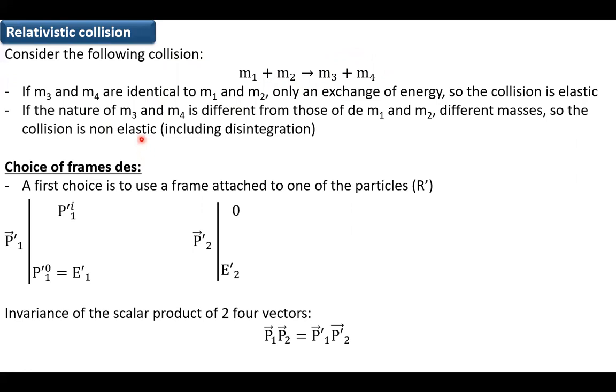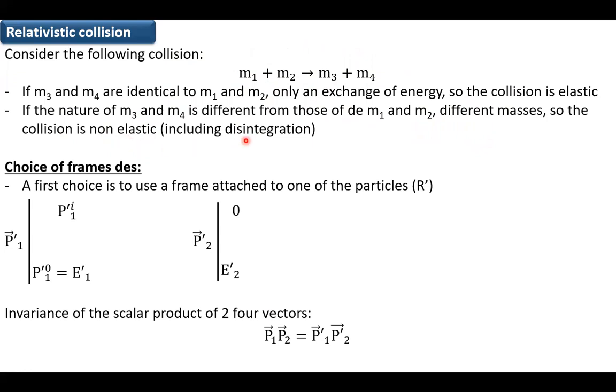Another case: if you have M3 and M4 that are different from M1 and M2, so different masses, different particles, here you go to high energies and you create new particles. So M3 is different from M1 and M4 is different from M2. The particles after collision are different from the particles before collision. In this case, the collision is called a non-elastic collision.